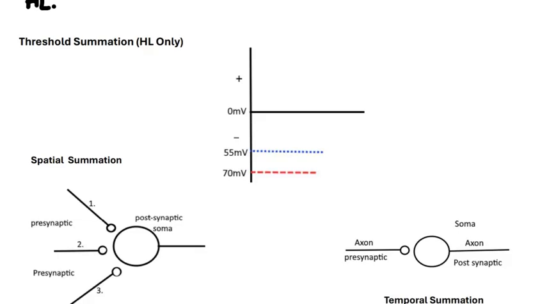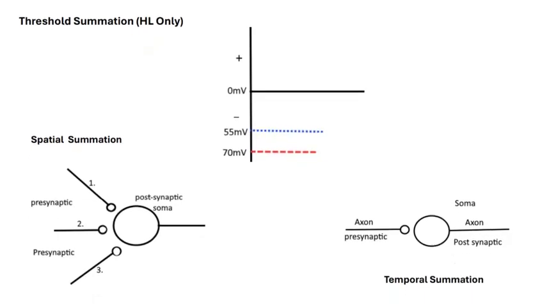For higher level students, just a little bit more information about thresholds. The way in which the resting potential steps up to reach threshold can occur in essentially 2 different ways. They are known as spatial and temporal summation.